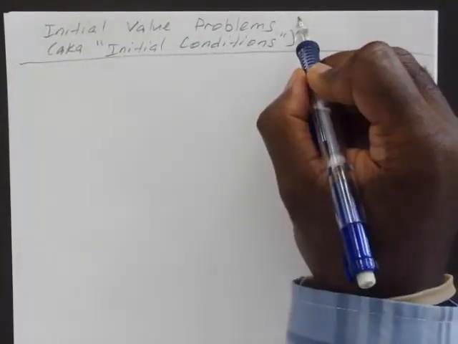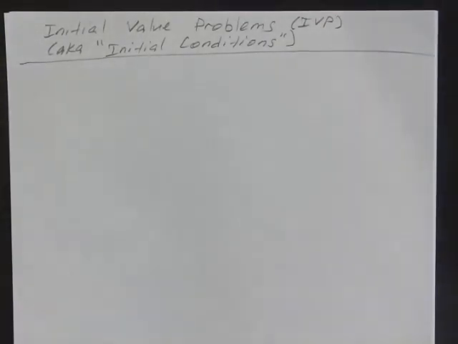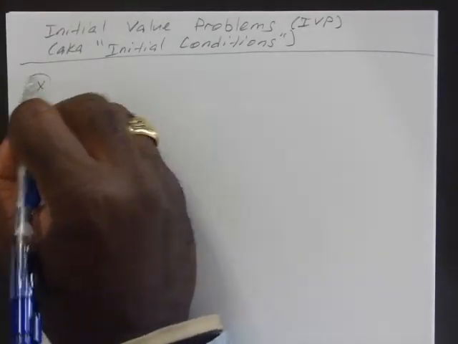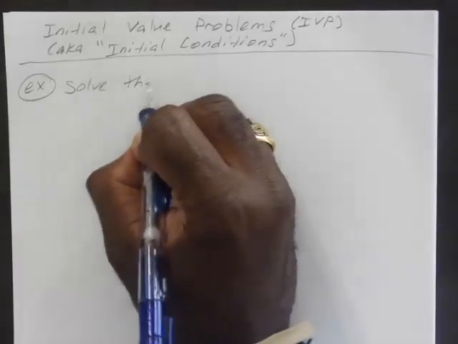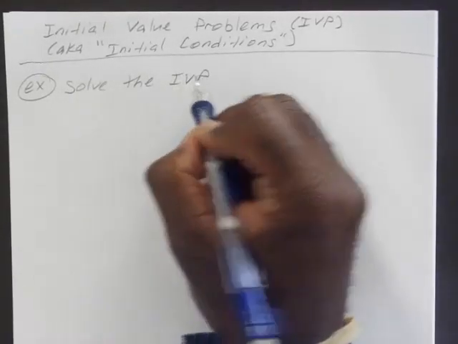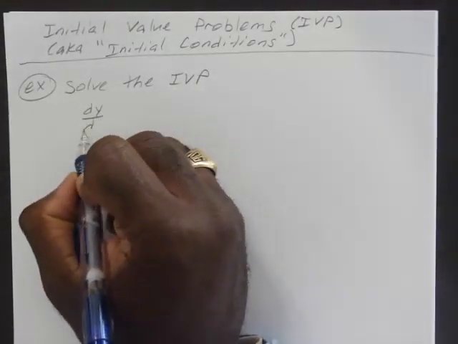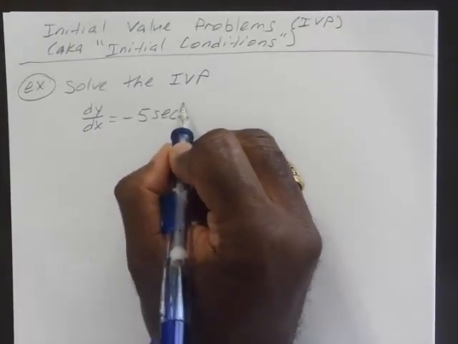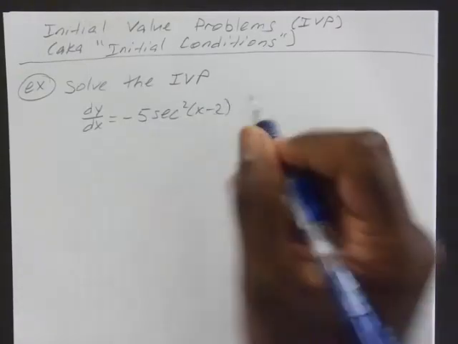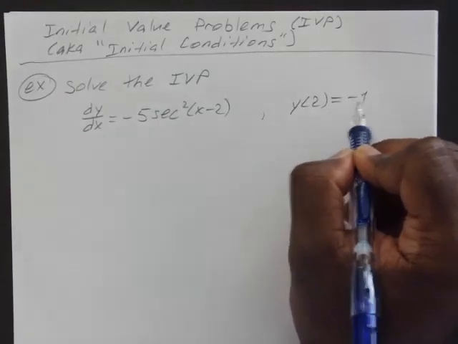Okay, and initial value problems, you usually see that as IVP. So let's say, for example, if we wanted to solve the initial value problem, derivative of y with respect to x is equal to -5 times secant squared of x minus 2, when y of 2 is equal to -1.